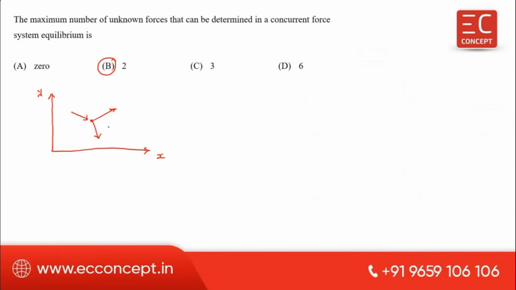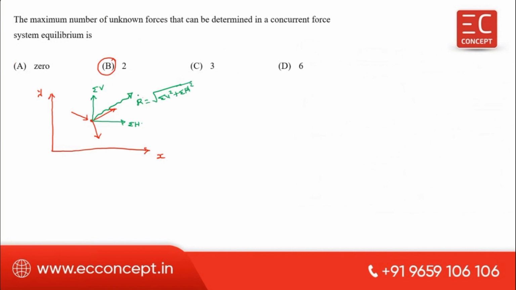So the method of solving is, first of all, you have to convert this whole system into two components: one is sigma v, another one is sigma h. Then the resultant is calculated as R equal to square root of sigma v square plus sigma h square.